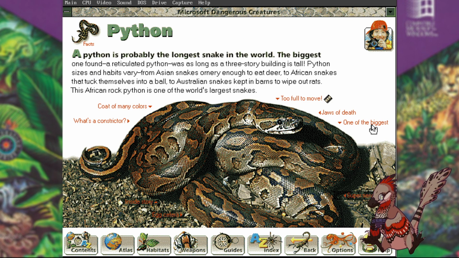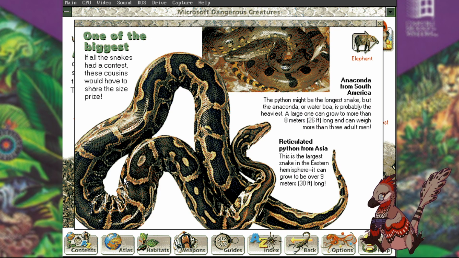One of the biggest, longest snakes? Probably a reticulated python. The heaviest? Probably the anaconda. If all the snakes had a contest, these cousins would have to share the size prize. Anaconda from South America.